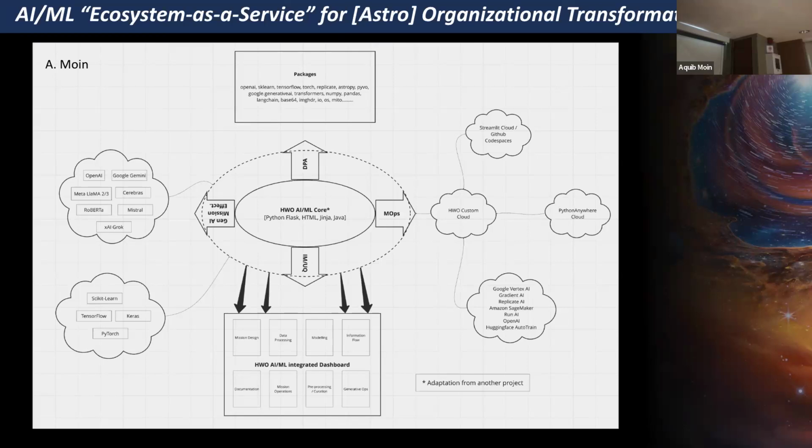The way I imagine it is that you have a central core that defines your problems, all kinds of categories. It defines what aspects you're covering. In this case, for example, there's mission operations, data processing and analysis, integrated modeling, or mission effectiveness with generative AI.